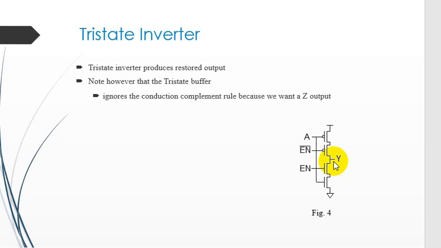The complementary enable signal can be generated internally or can be routed to the cell explicitly. So a tri-state buffer can be built as an ordinary inverter followed by the tri-state inverter. So this is the basic combination in the usage of the tri-state inverter.